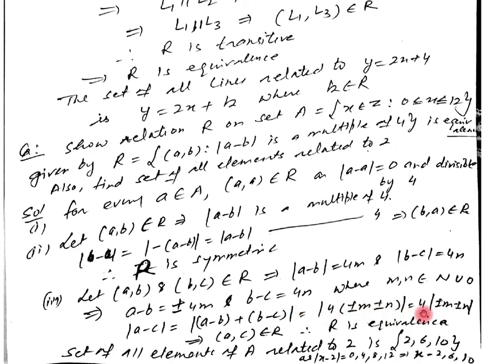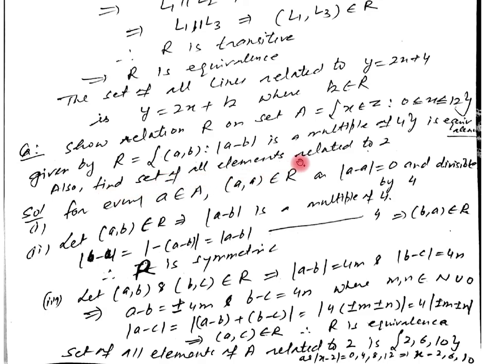It is 4 into modulus of plus or minus m plus or minus n. This shows modulus of A minus C is a multiple of 4, so it must be divisible by 4. This implies (A, C) belongs to R. Now therefore R is reflexive, it is symmetric, it is transitive. So we can say that R is an equivalence relation.